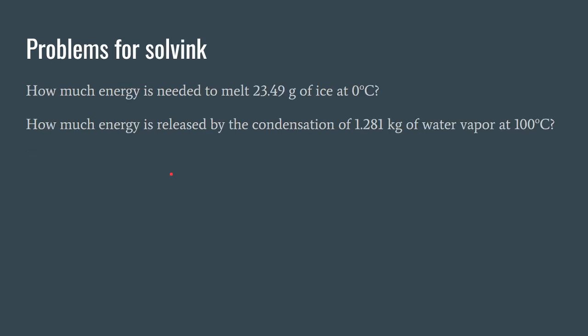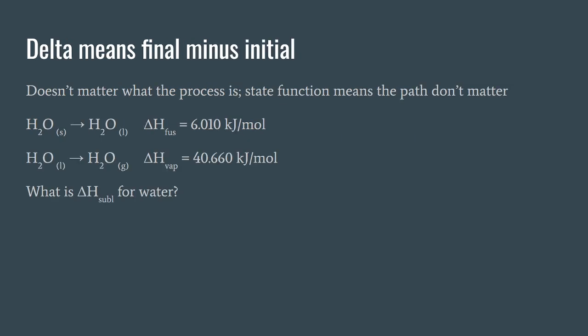So, how much energy is needed to melt 23.49 grams of ice at 0 degrees Celsius? This is a fairly simple problem. The enthalpy of fusion, the amount of energy needed to melt ice, is 6.010 kilojoules per mole.